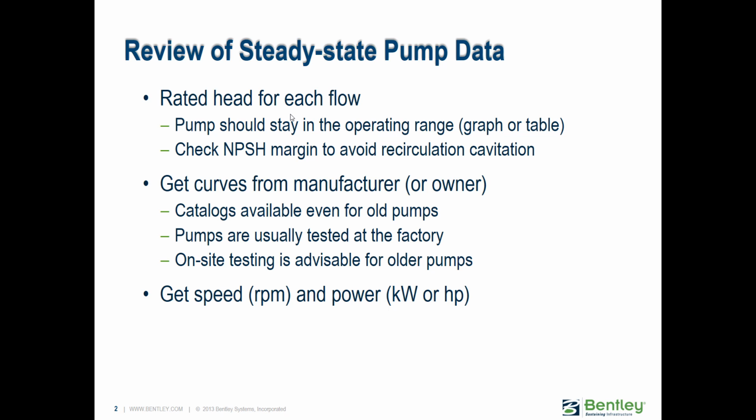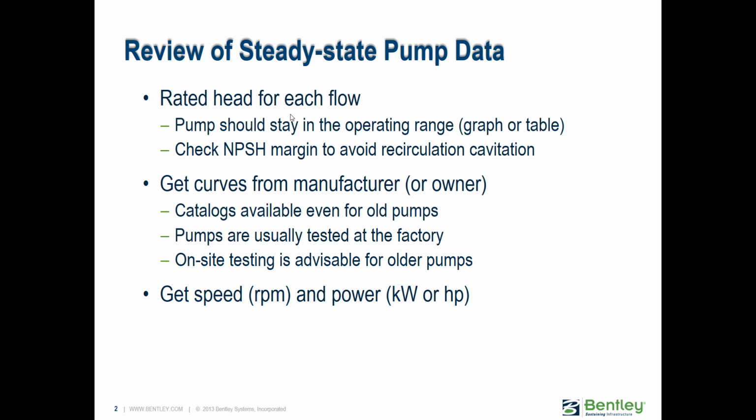So when we're talking about pumps, we have a rated head for each flow, and the pumps usually should stay within that operating range. You usually specify a pump definition that may or may not extend all the way out to zero head and zero flow, but when you're talking about a transient simulation, it's very important to make sure that the pump is operating close to its best efficiency point.